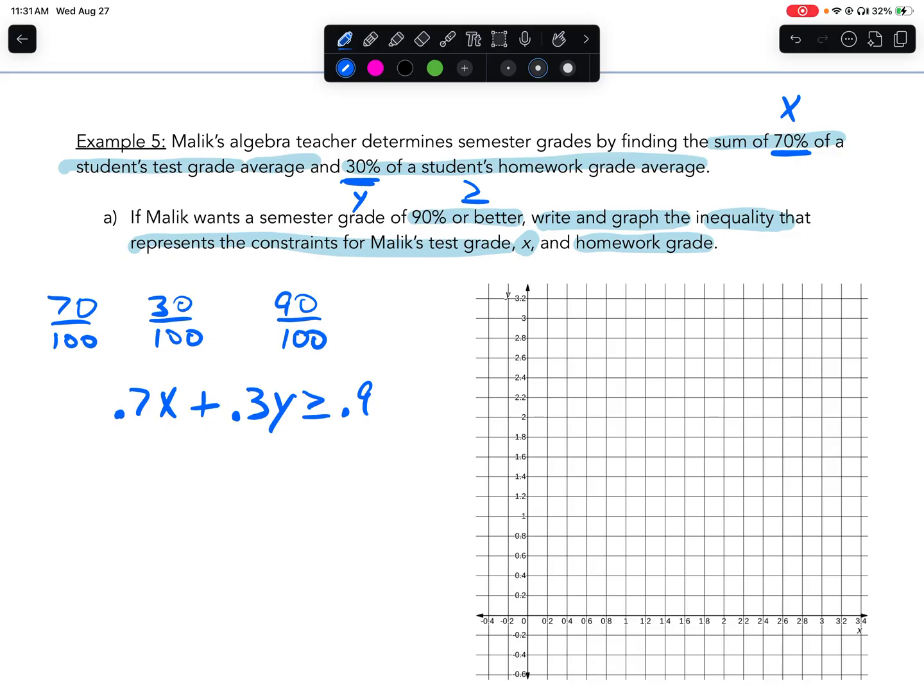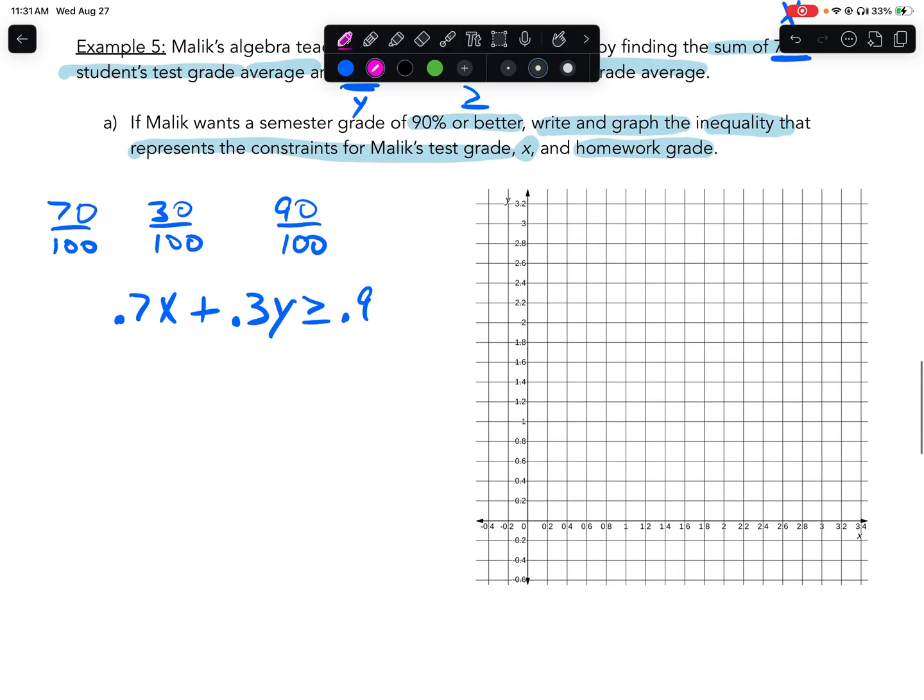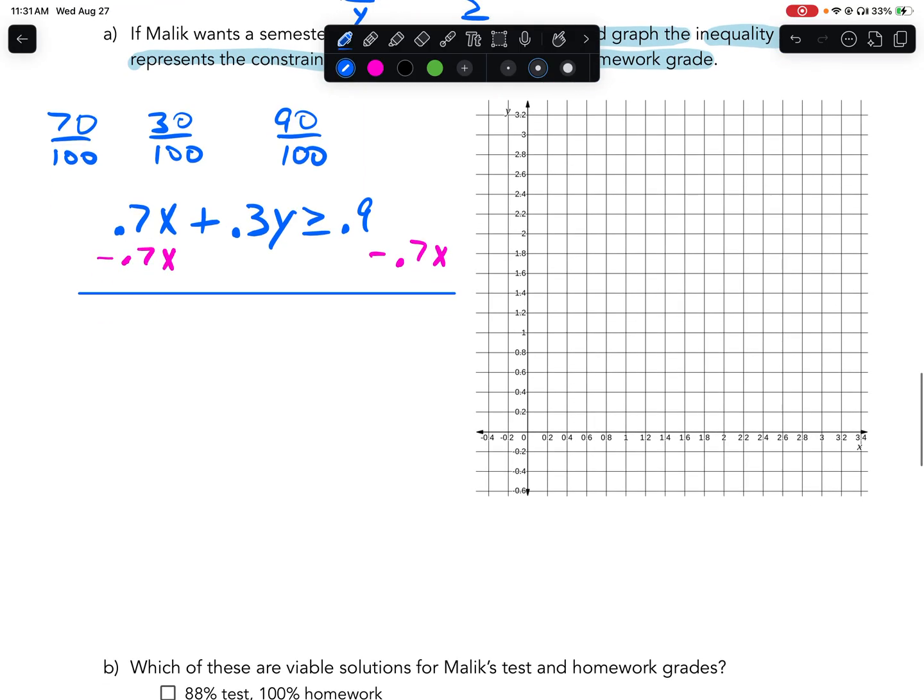Okay, now we have to graph this. So again, I'm thinking about y equals mx plus b form. So I have to rearrange this equation by subtracting 0.7x from both sides of the equal, or the inequality in this case. When I do that, I get 0.3y is greater than or equal to negative 0.7x plus 0.9.